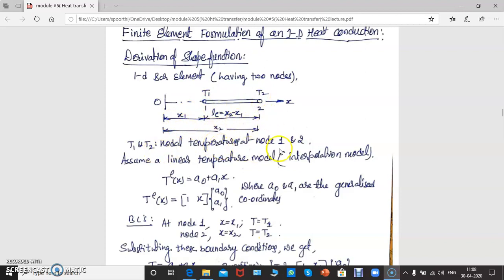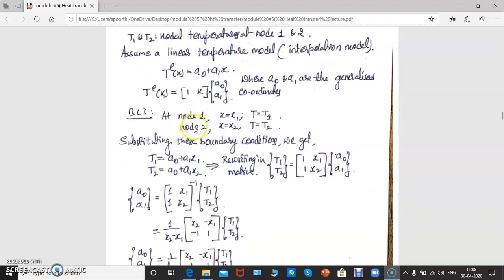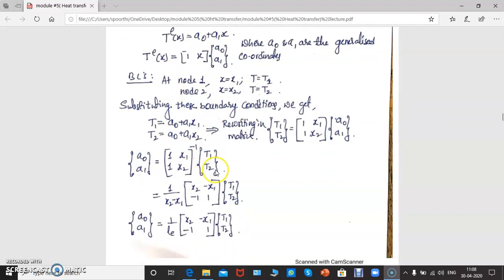T1 and T2 are the nodal temperatures. So, we assume a linear temperature model. As you know, this is the A0 plus A1x interpolation model. We do some simple mathematical manipulation here, that is converting this equation into matrix form and using boundary conditions. Then you can rewrite those matrices.